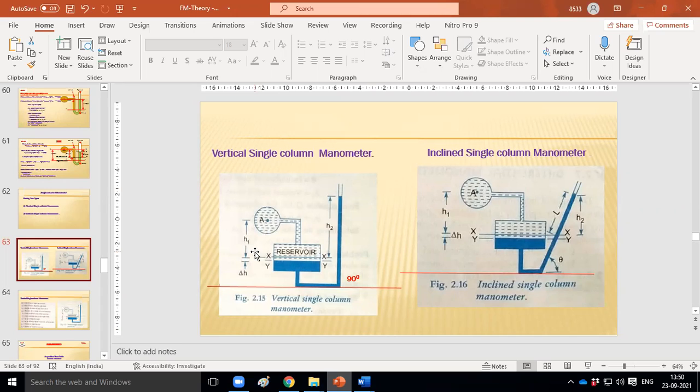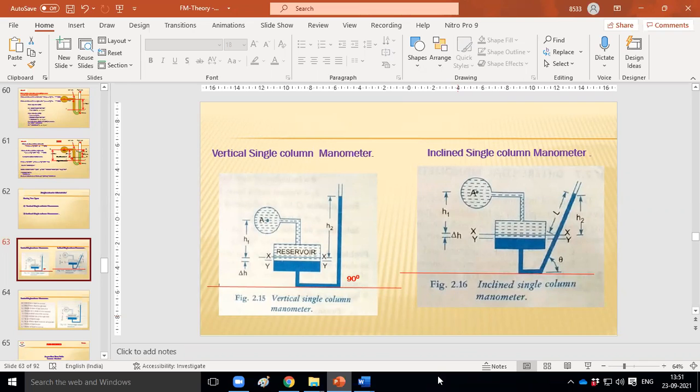But after applying the pressure, the datum line is which one? YY dash. And what is the difference between XX and YY? Delta H. So is delta H to be added, neglected, or removed? Add. H1 plus delta H. Is it understood?